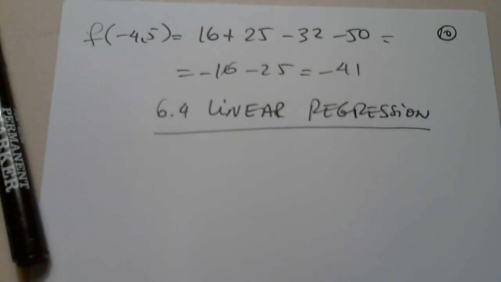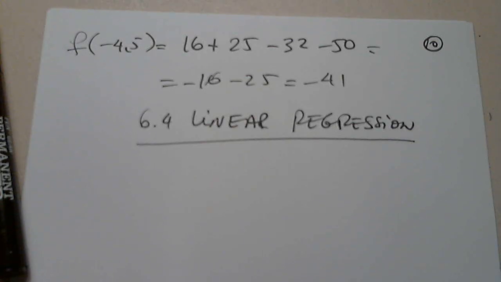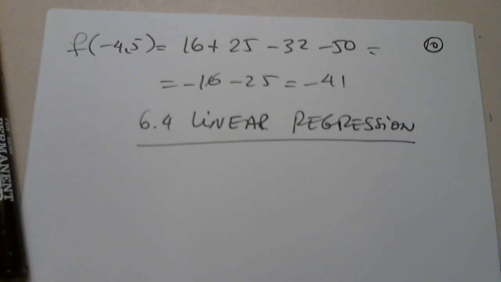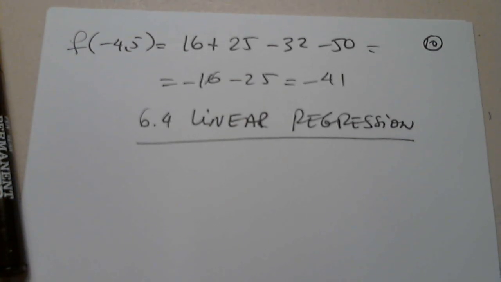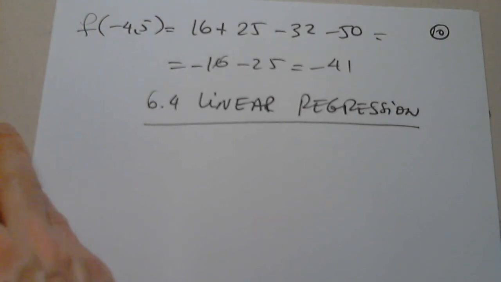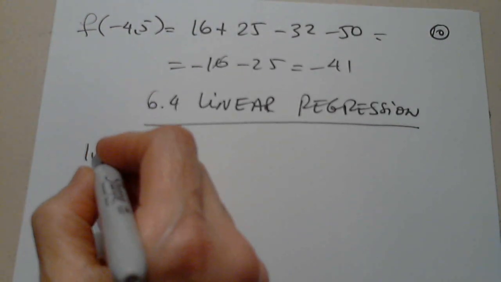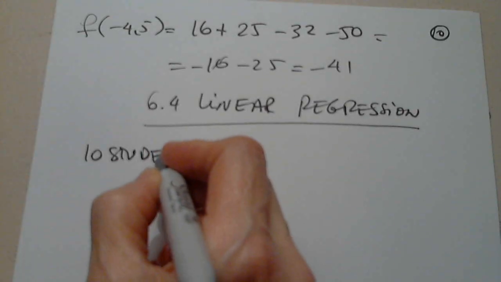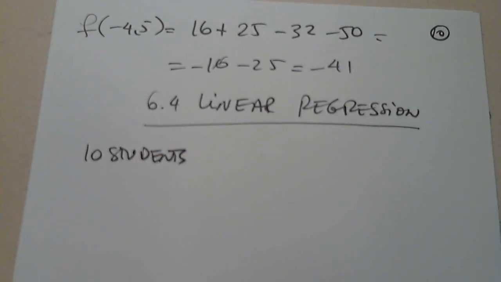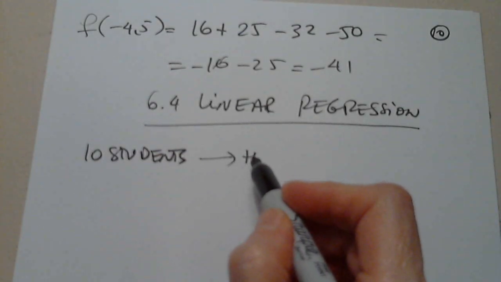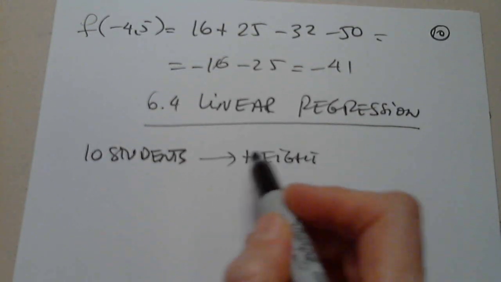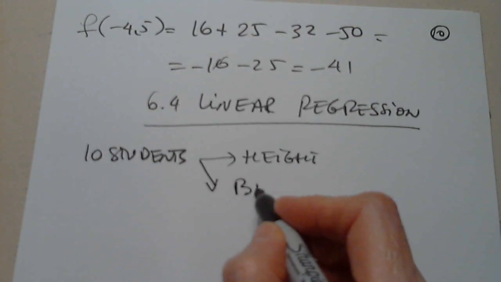And the question is, why is linear regression in this class? And what does it mean? Okay, so imagine, let's say I have 10 students, and I'm going to measure your height, and let's say blood pressure.